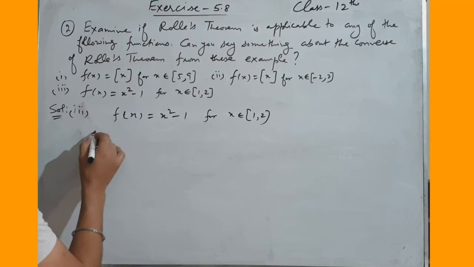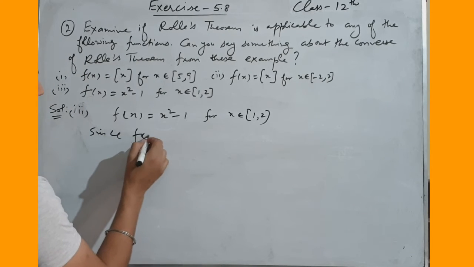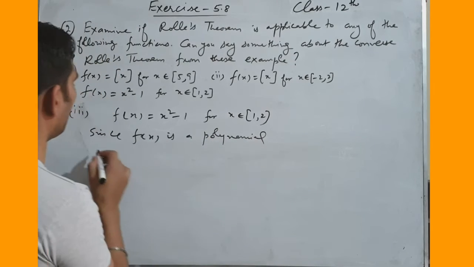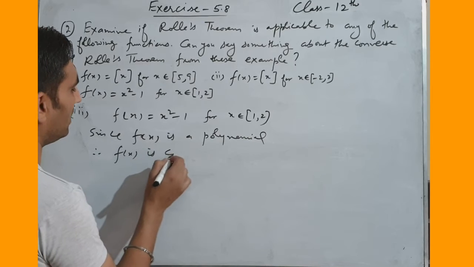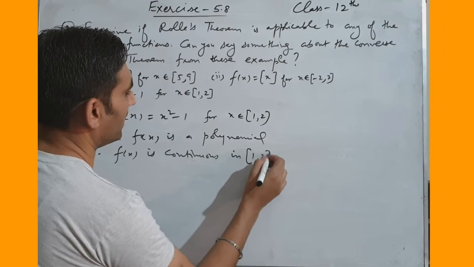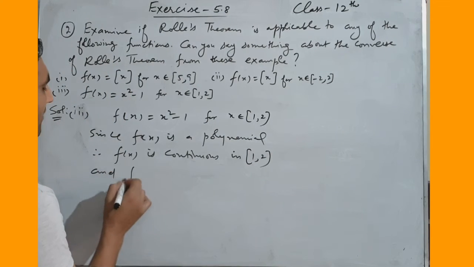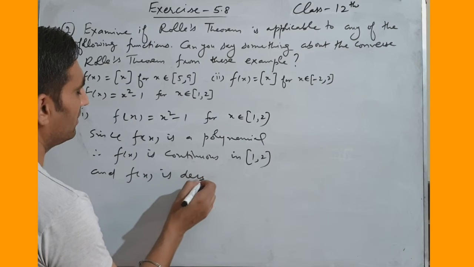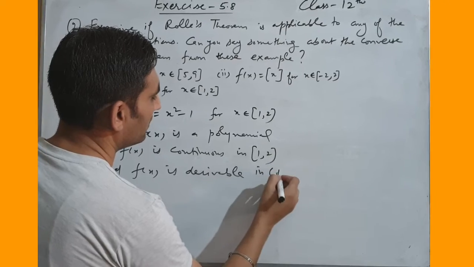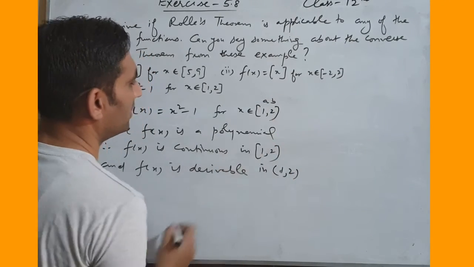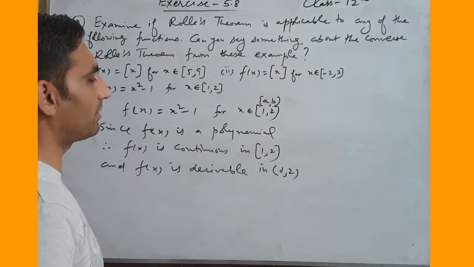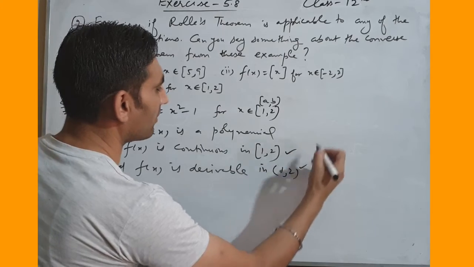So we have to write here, since f x is a polynomial, therefore f x is continuous in the closed interval 1, 2, and f x is derivable or differentiable in the open interval 1 comma 2. So two conditions of Rolle's theorem are fulfilled.